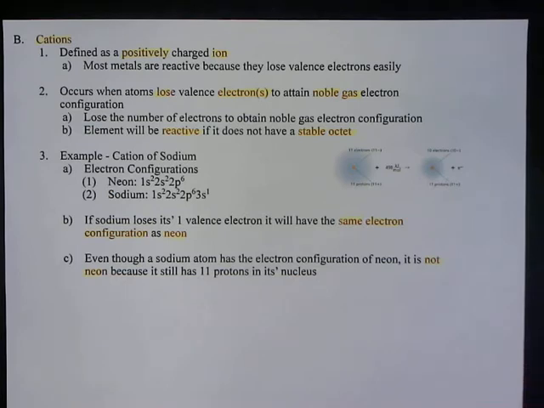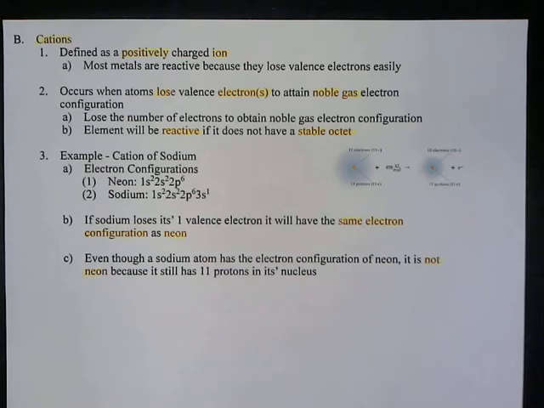So it subtracts a negatively charged electron to become positively charged. Again, we're gaining and losing electrons to get to that full octet of valence electrons.